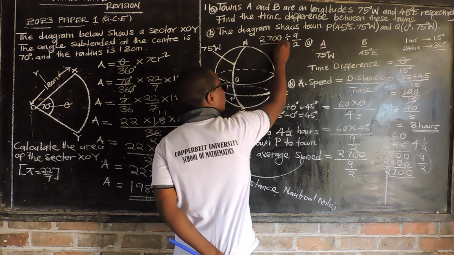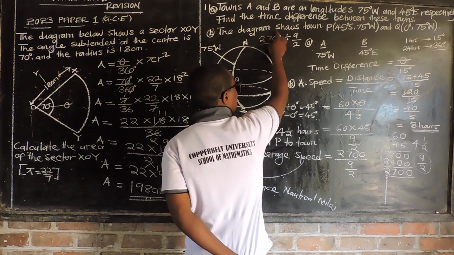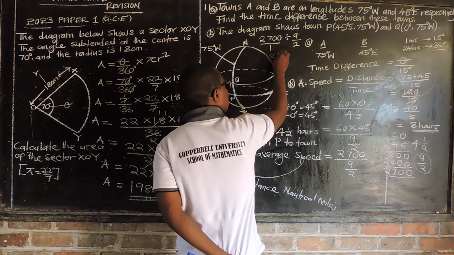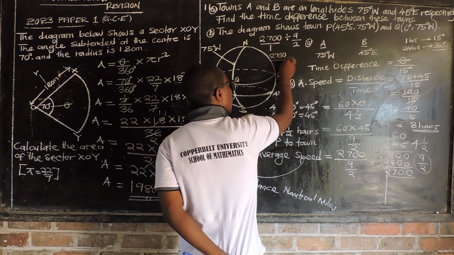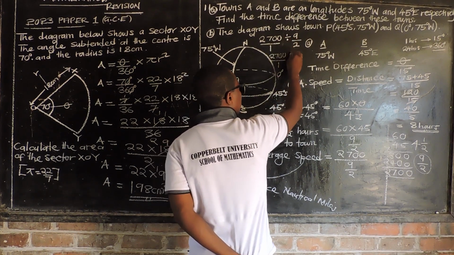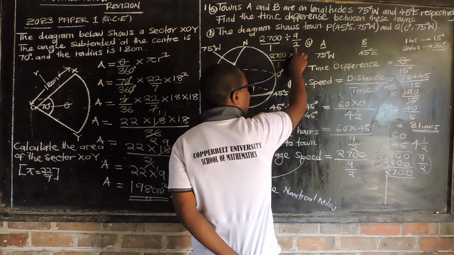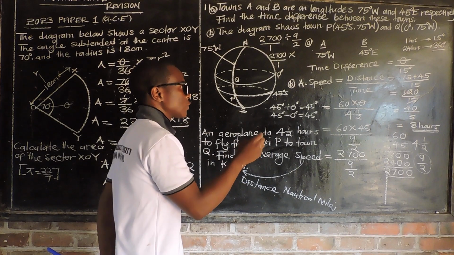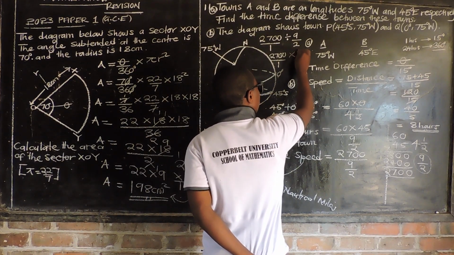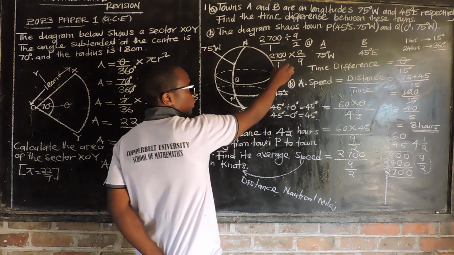Then just say over 1. When you're dividing fractions, you maintain the fraction on the left, 2,700 over 1. Then the division sign changes to a multiplication sign. Then the numerator becomes the denominator and vice versa. So this denominator, which is 2, is going to become the numerator. So we are going to have 2 over 9.